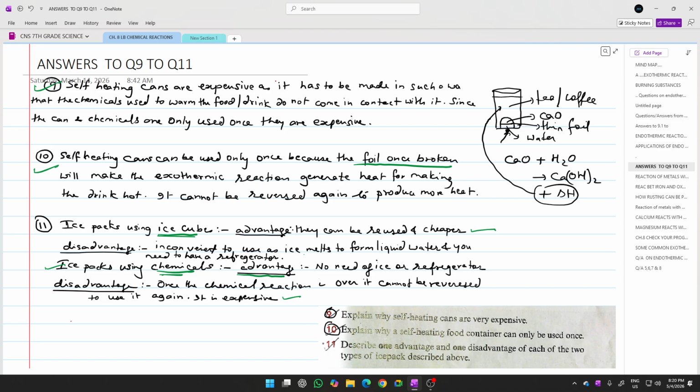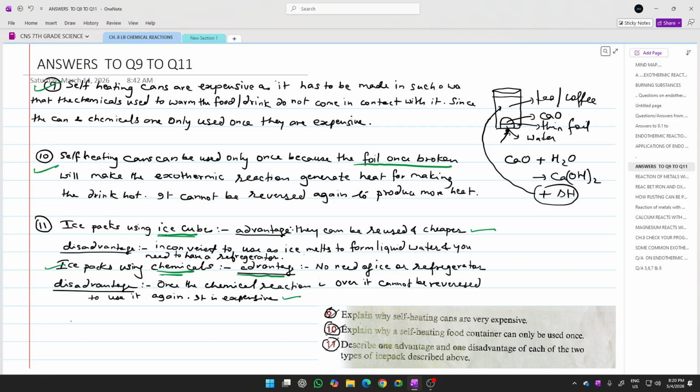The last question is question number 11, and it says, describe one advantage and one disadvantage of each of the two types of the ice pack described above. Now, in the question they are saying that two types of ice pack are described, but it is not described in the question. But let me tell you, there are two types of ice pack.